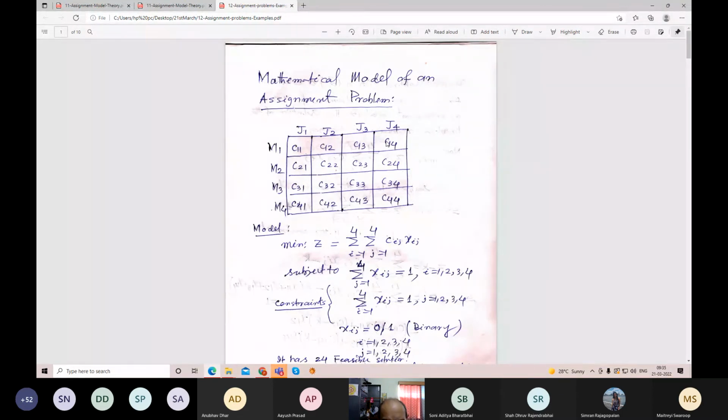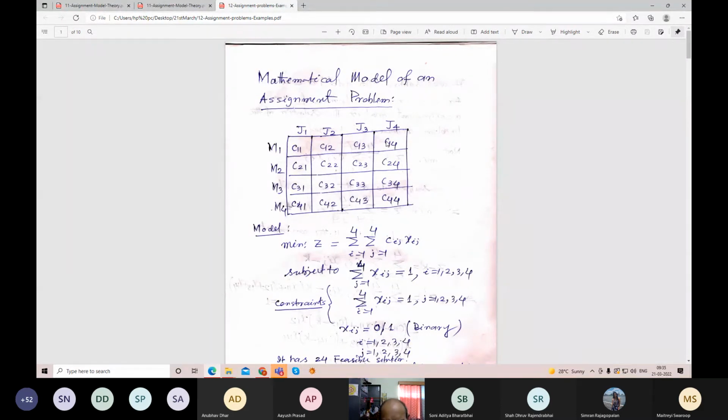But here, please remember, if you add or subtract a constant from the assignment matrix, the optimal solution is not changing. Only the optimal cost is changing. Okay, that you reflect in terms of the constant you have added or subtracted.